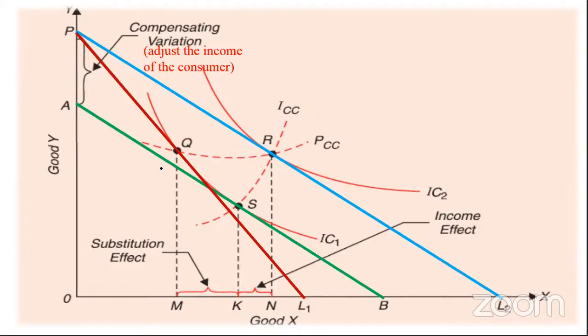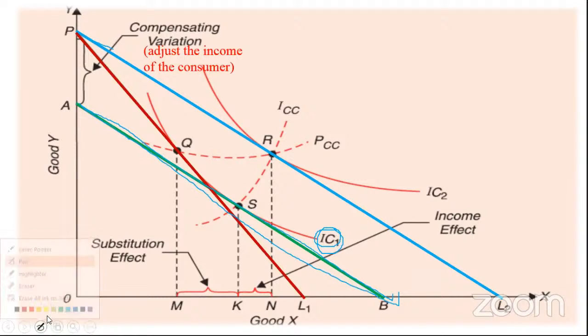This is also most important. According to the compensating variation method, the budget line is parallel and tangent to the previous indifference curve. Why are we drawing it parallel to this line? Here the sky blue color is there, and I am drawing this green line parallel to PL2.